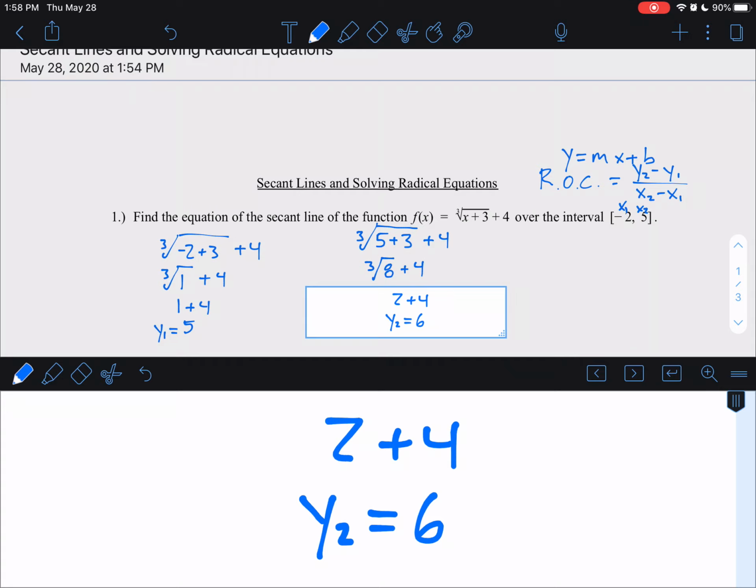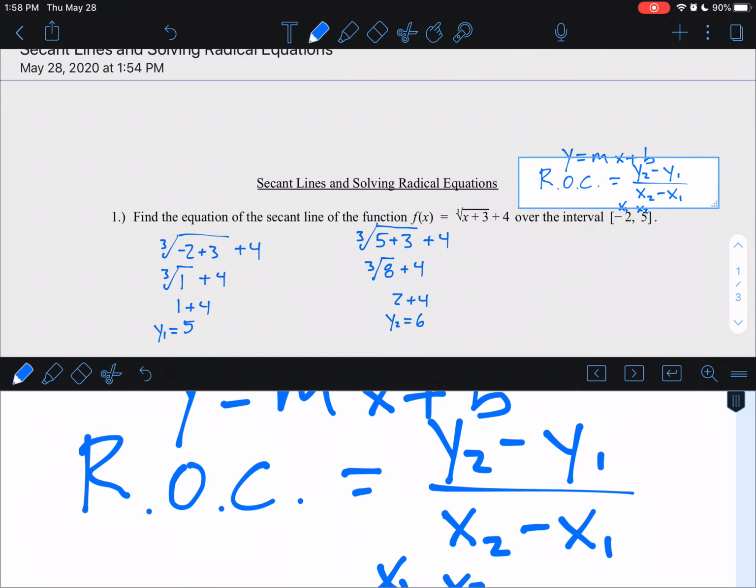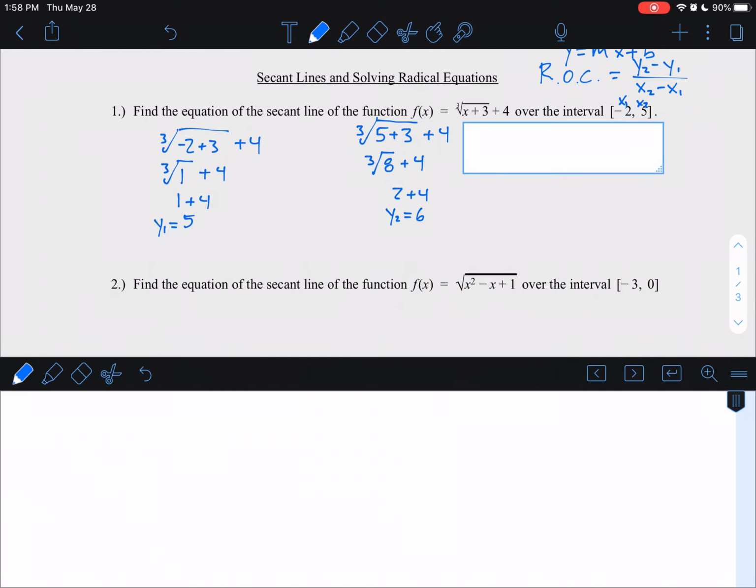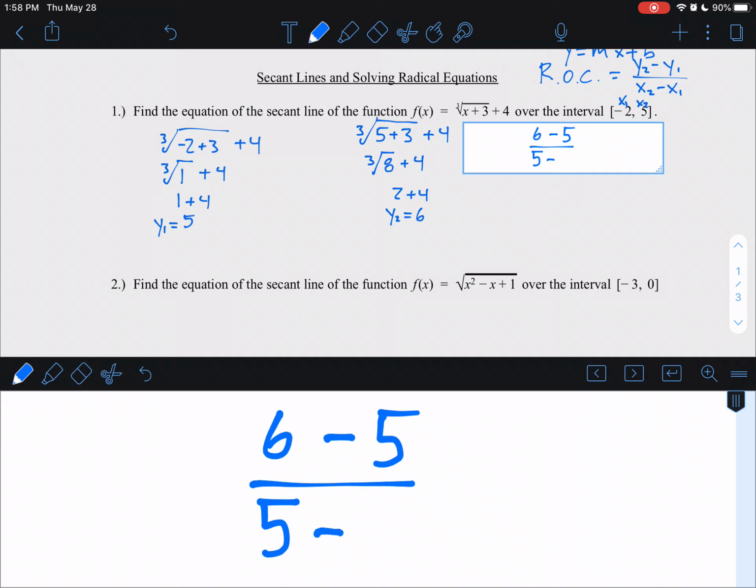And now to find my m value, or my rate of change, what I have to do is plug these into the rate of change formula. So I said my y2 was 6, my y1 was 5. It's y2 minus y1 over x2, which is 5, minus x1, which is -2.